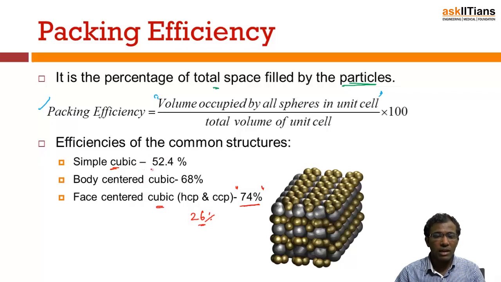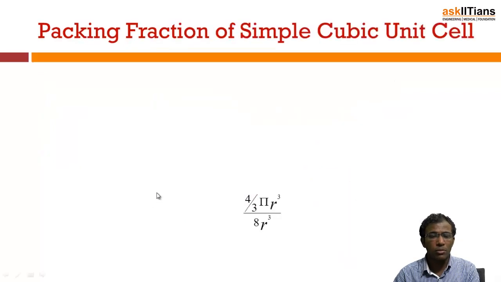Let's calculate how these numbers came. Let's calculate the packing efficiency of simple cubic, 52.4%, and also of the other two structures as well. First we'll start with the simple cubic structure.